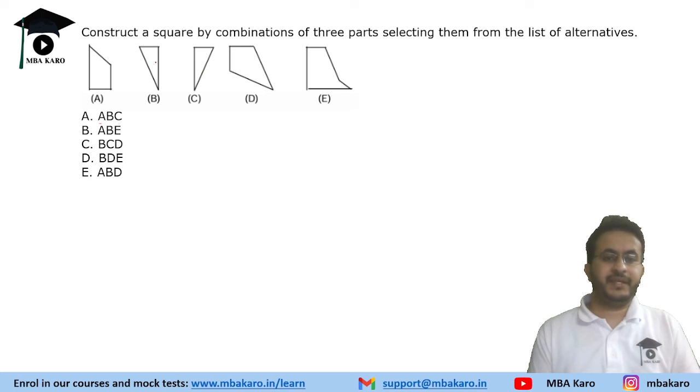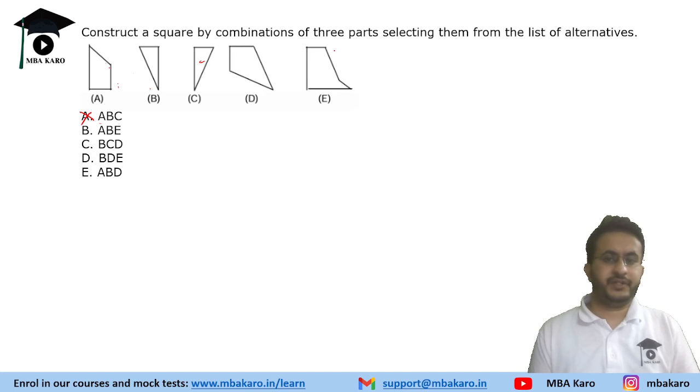If you combine B and C together, we can make a rectangle like this. But will it make a square? No, it does not look like we will be able to make a square. Even if you fit one of the portions like this, this portion is remaining. So ABC will not make a square. ABE, right?